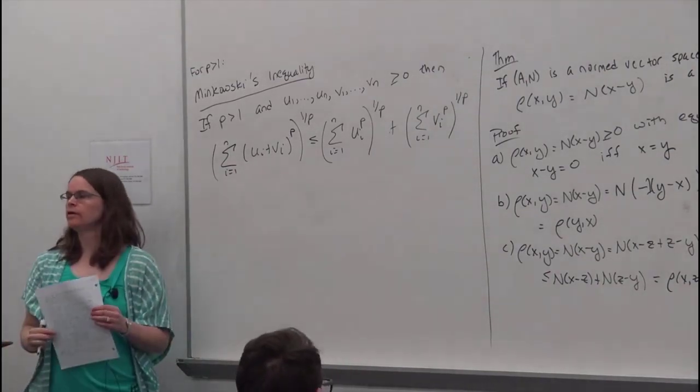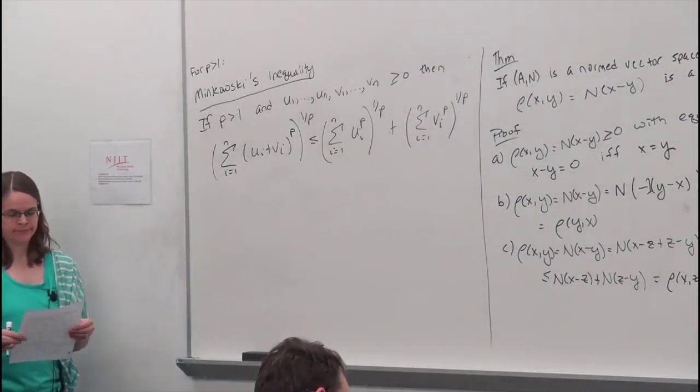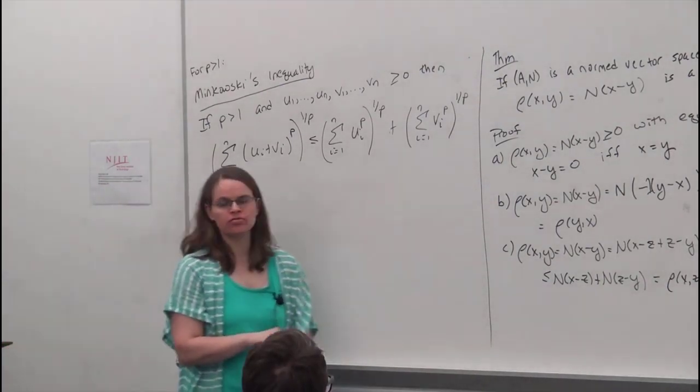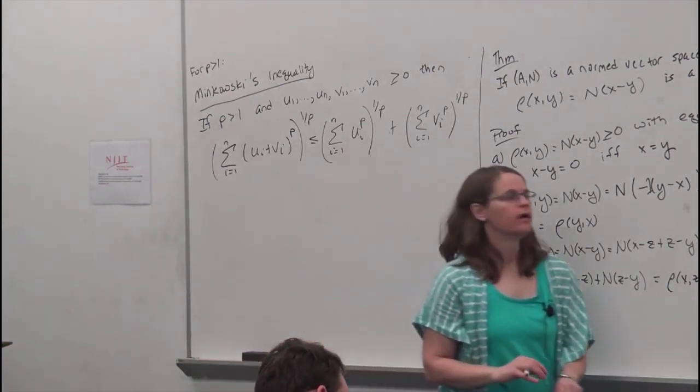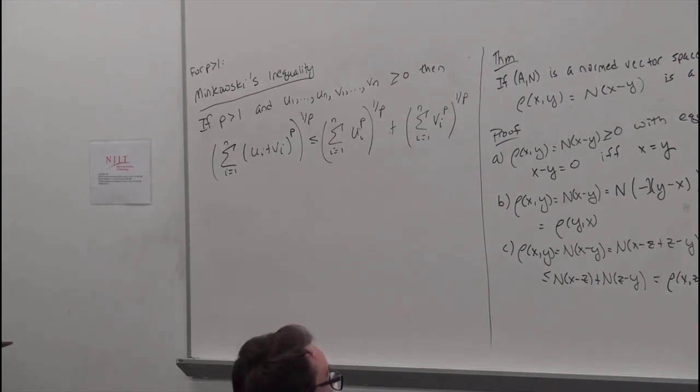And this immediately yields the triangle inequality for the p-norm. So this is one collection of norms that one might want to use. L1 is common in some applications. It does useful things. L2, of course, is very common. Other weird norms come up in some technical PDE theory, for example.